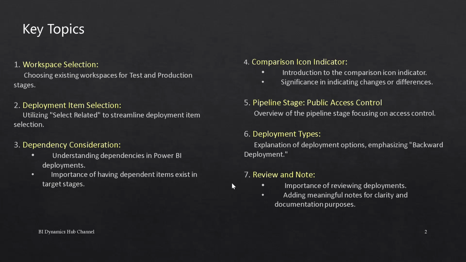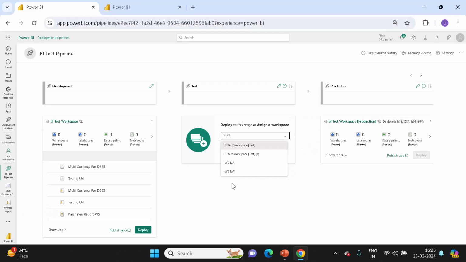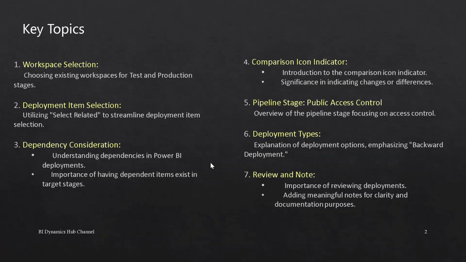So basically you can select the workspace before your pipeline starts. If you don't have any specific workspace, then once you deploy from development to test, it will automatically create the workspace for you.